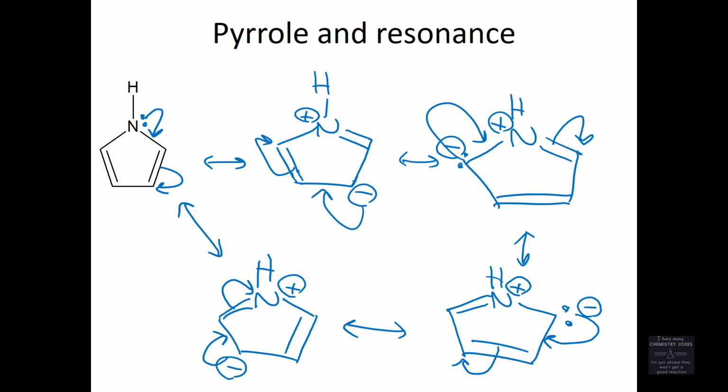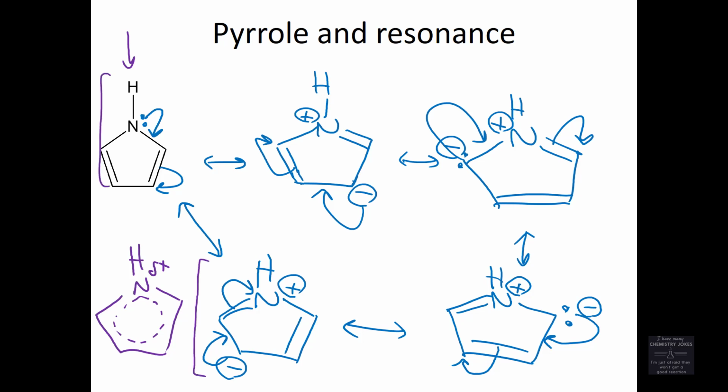If I drew a resonance hybrid of pyrrole, I would put a little circle all around that thing. I would put a partial positive on the nitrogen because in every single one of those resonances, outside of the first one, we have a positive on the nitrogen. And in every single one of those resonances, one of my 4 carbons has a negative. So all 4 carbons are partial negative.